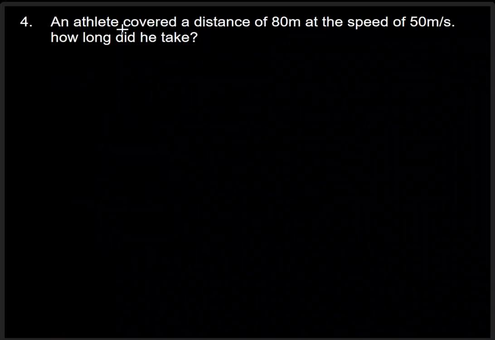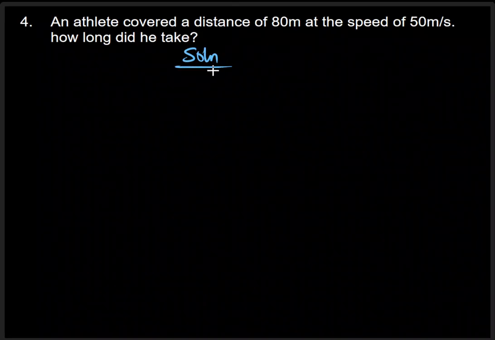All right, so let's see number 4. An athlete covered a distance of 80 meters at the speed of 50 meters per second.